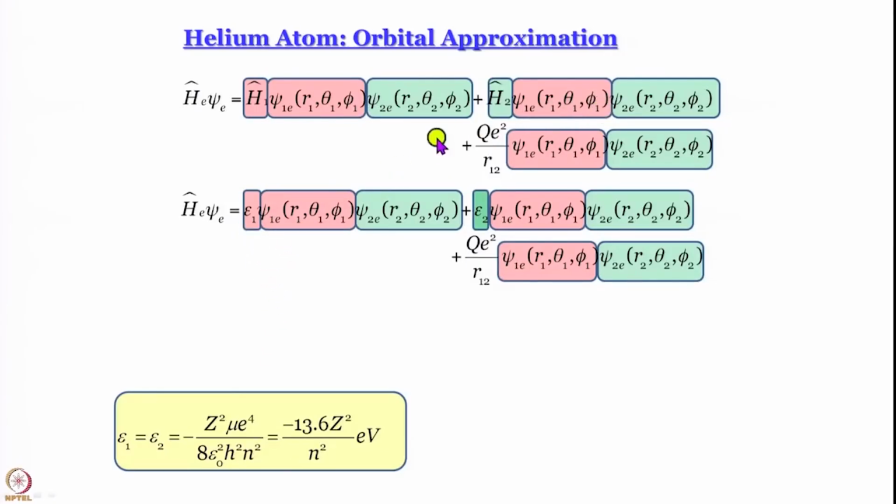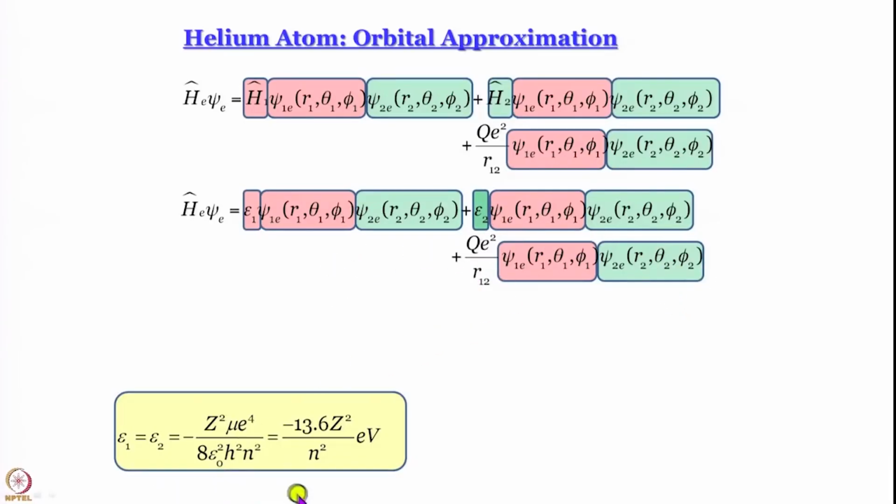What about the second term, psi 2e, a function of r2, theta 2, phi 2? It is going to be a constant as far as H1 is concerned, so it will come out. Once we have got epsilon 1 multiplied by this, we can rewrite it in this order. Quite simple, things we have done many times. For the second one also, for H2 this psi 1e is constant and goes out, but H2 does operate on psi 2e to give epsilon 2 psi 2e.